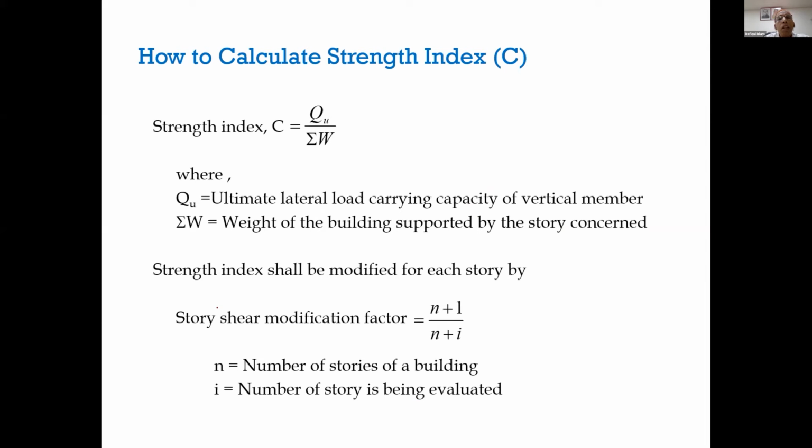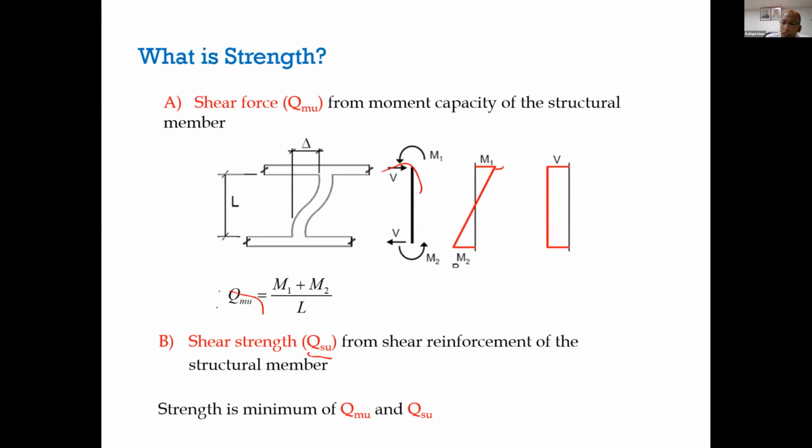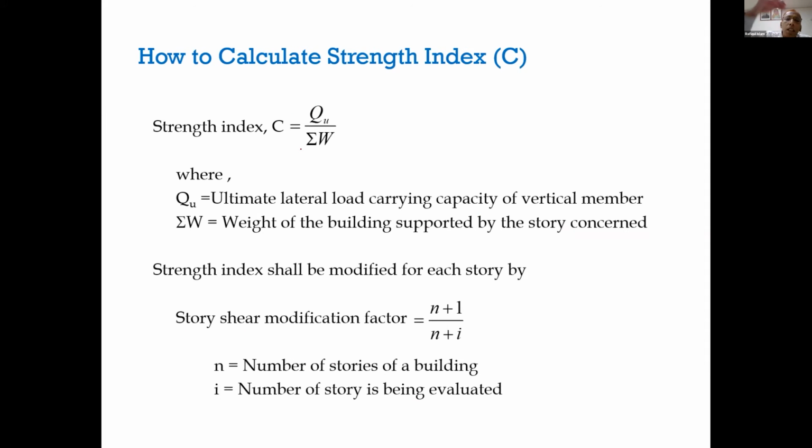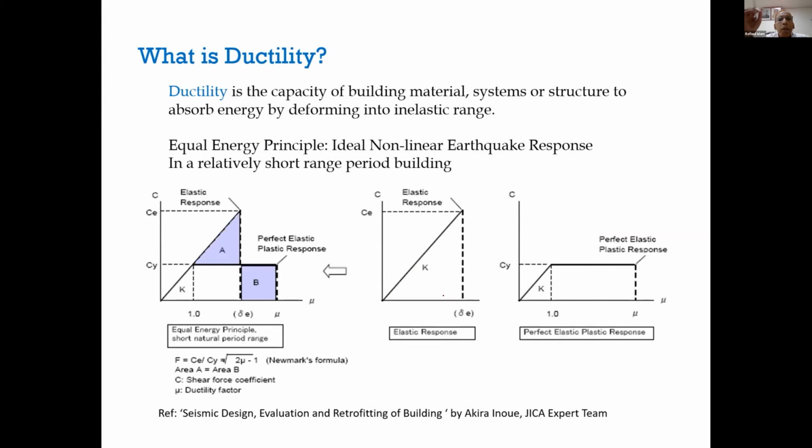And usually we calculate this, Q is the strength, and if it is divided by the axial load on the column, it is called the strength index. This strength index is sometimes modified by the story shear modification when we go to the upper stories from the ground floor.